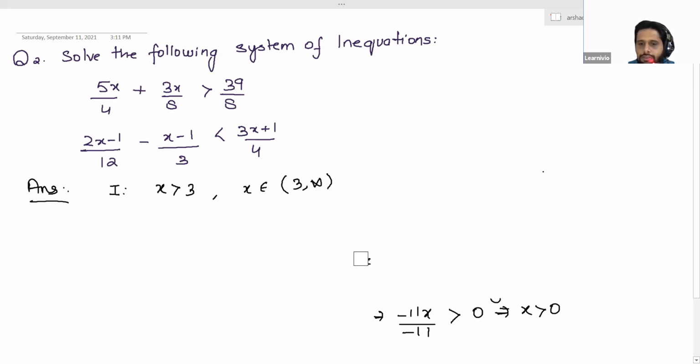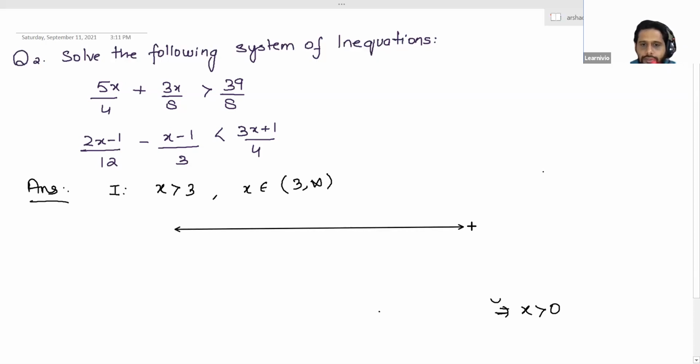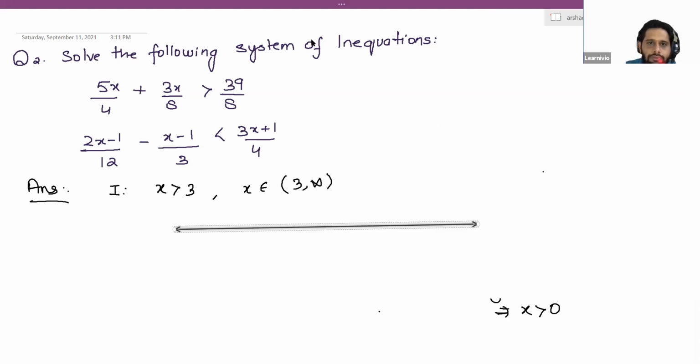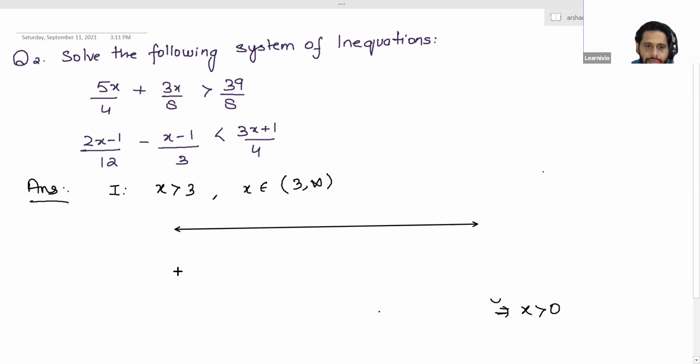And second, our answer is x is greater than 0. So we will draw the first line, then we'll draw the second one.